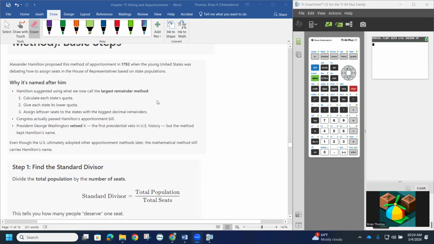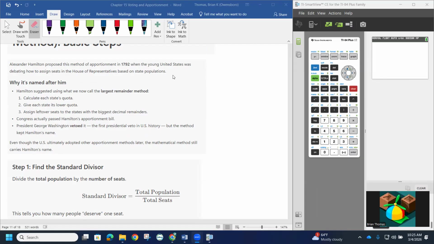This apportionment, again, is based on the census. If you do some research, we do a census every 10 years. The last one was in 2020, and the 435 seats were reapportioned.